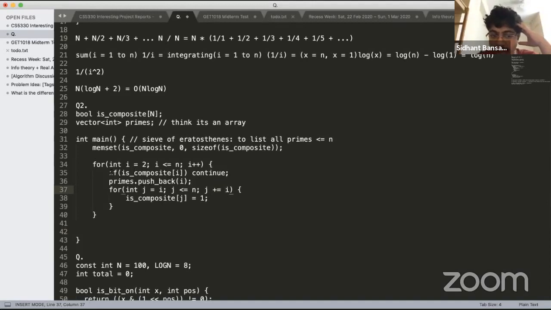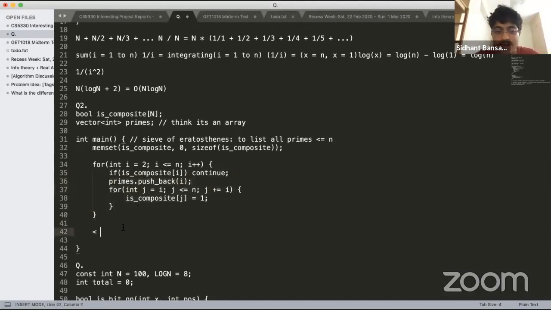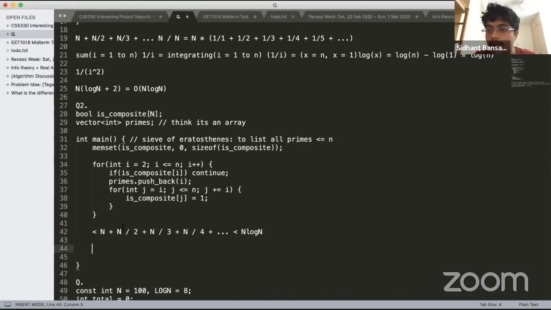For some i's, the continue gets triggered, so this portion doesn't run always. So this algorithm is strictly better than n log n. Now, how much better is it than n log n?